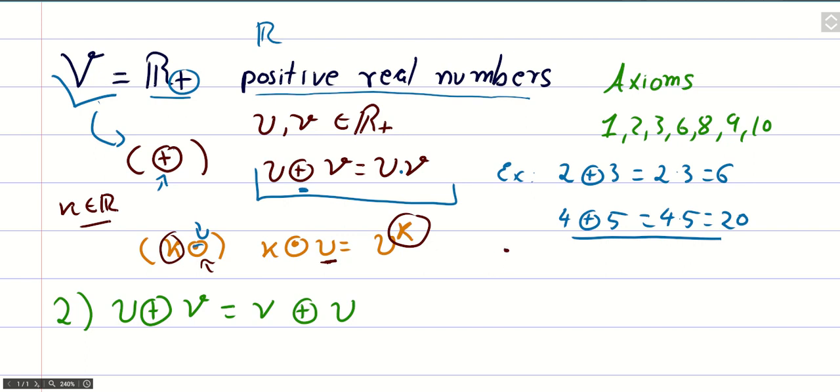Okay, so just to give you an example, if I say 2 times 3 in this space, or 2 multiplied by 3 in this space, what I mean is 3 squared, which is equal to 9. The same, 2 times 2 is equal to 2 squared, which is equal to 4, and so on.